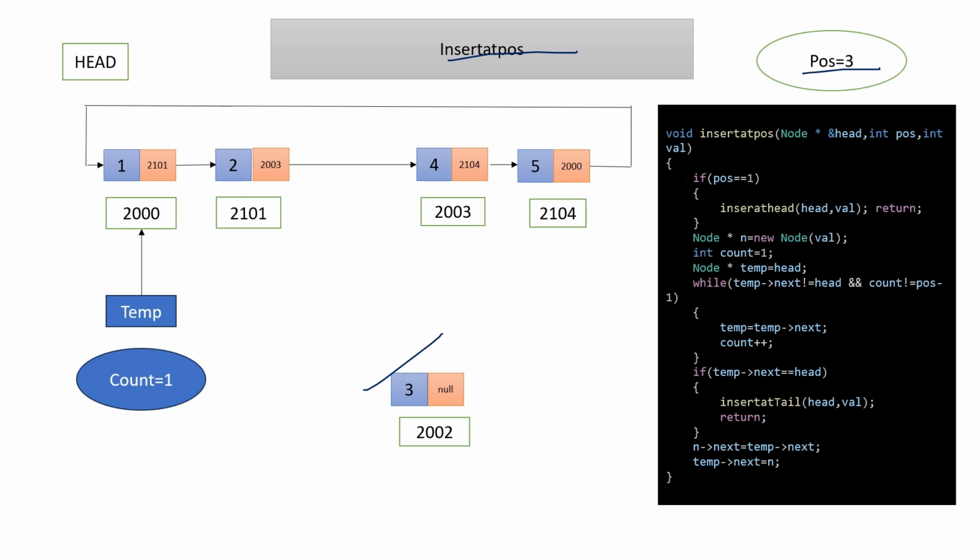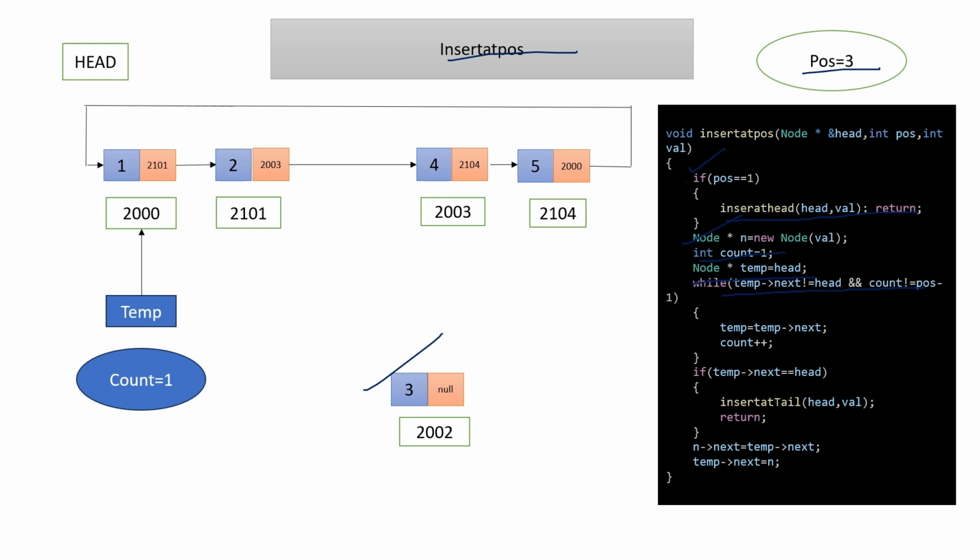If our position is equal to 1, then we call our insert at head function and then return, because we need to place the node at the first position of our linked list. I created a new node named n, and we initialize our counter, and there is a temporary node which initially points to our head, and the loop runs until temp next is not equal to head.